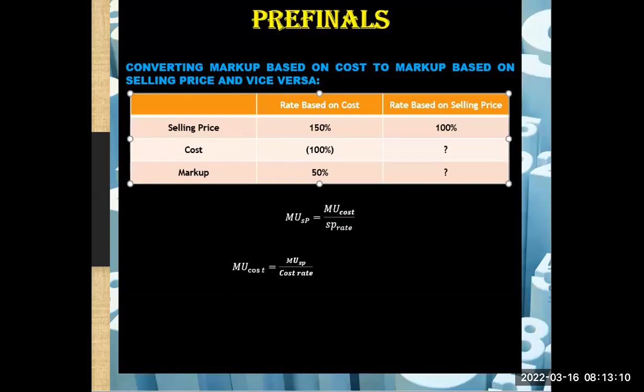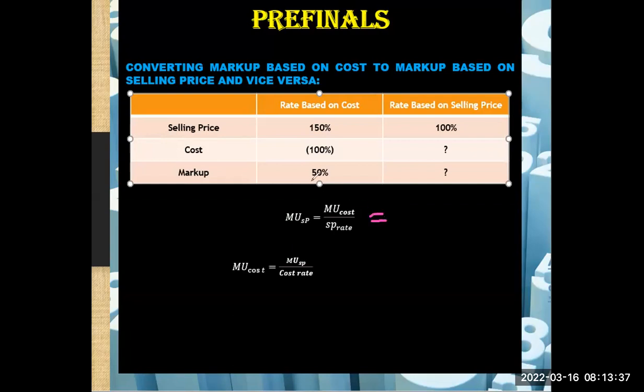So, let's continue. Again, we need to convert markup based on cost to markup based on selling price and vice versa. The first formula to be used here is markup selling price equals markup cost divided by the selling price rate. So, what are the cost?